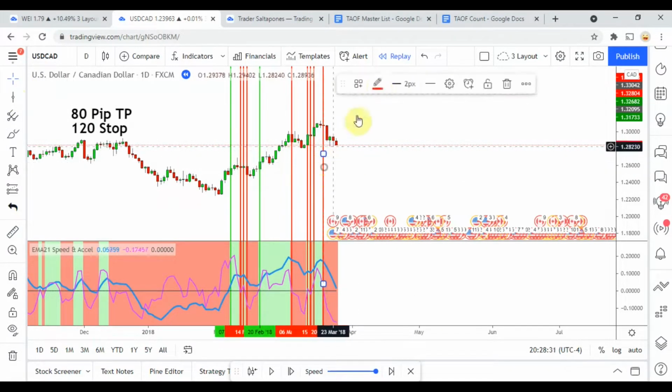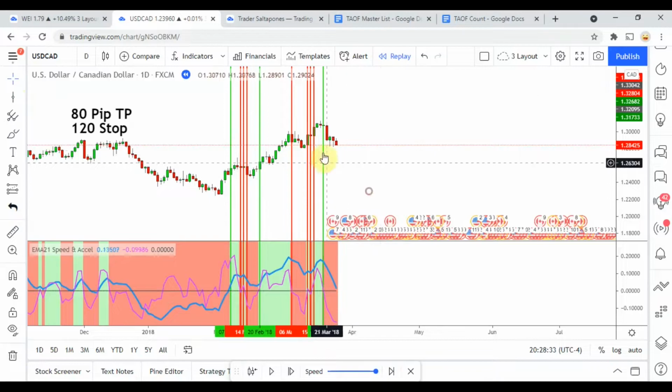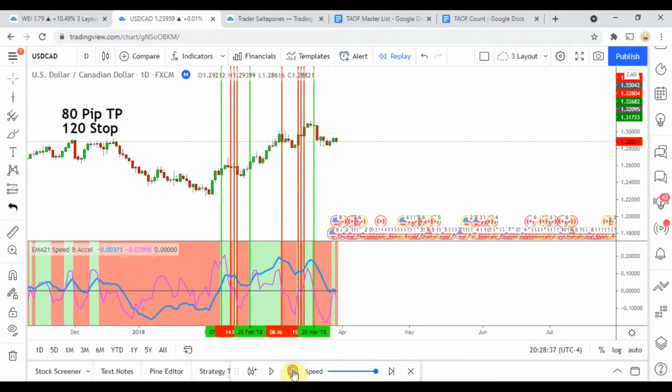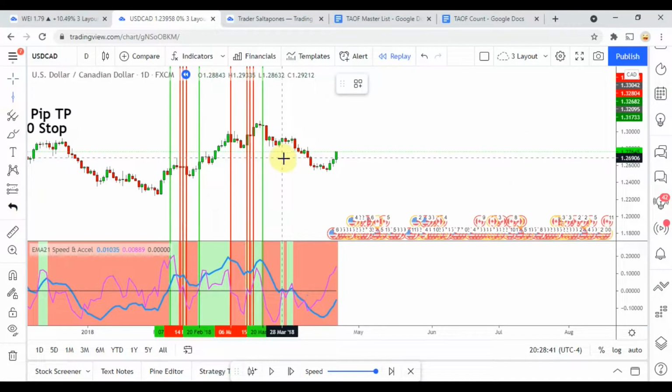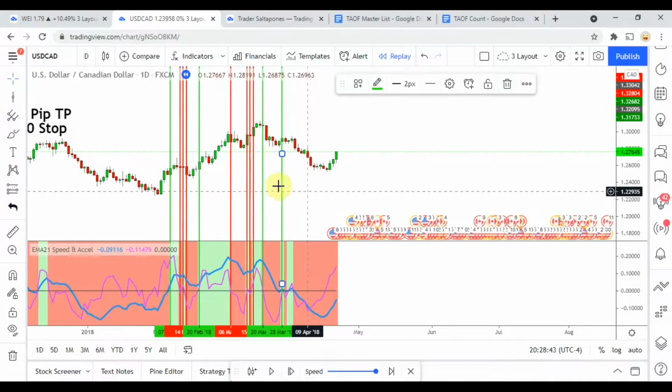Then over here on this side, we get a short signal as everything rolls over, getting us to take profit on that one. We then pick up a long right there.